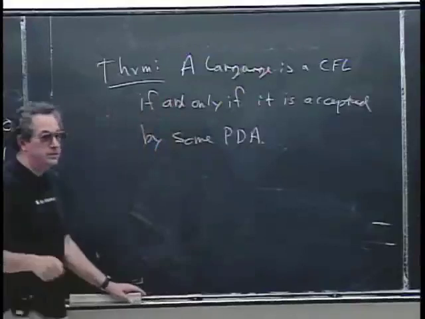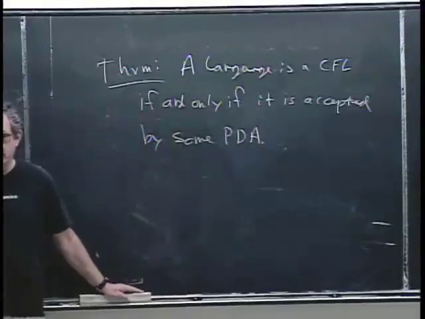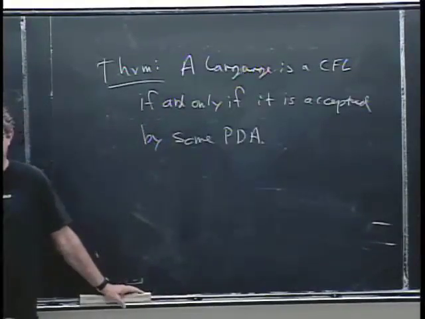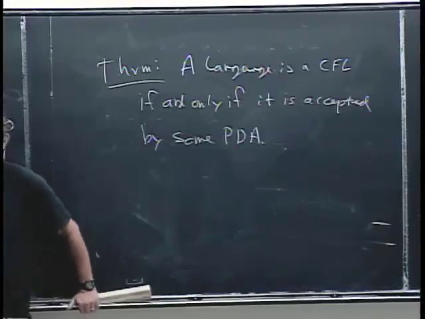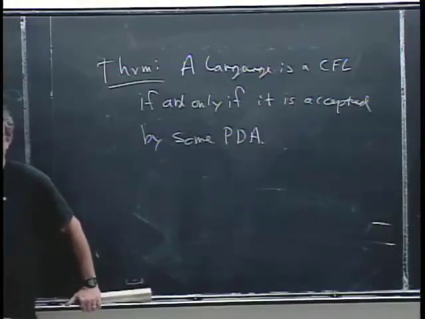Okay? So just as we were able to characterize regular languages as those languages which were recognized by DFAs, they're exactly equivalent to the set of all languages that were recognizable by DFAs, and those were actually equivalent to the set of all languages that were recognizable by NFAs.